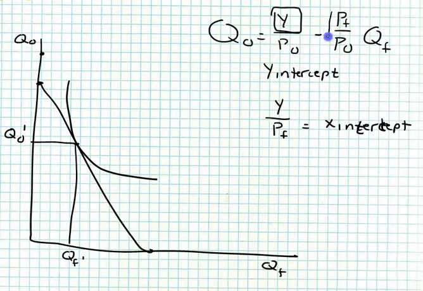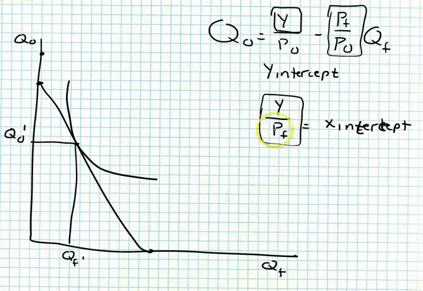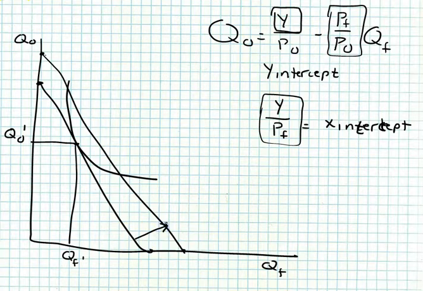The slope of the line will not change because income is not part of the slope. And the x-intercept will increase because more income divided by the same price will allow you to purchase more goods. So when income increases, our budget line shifts parallel and out to the right.